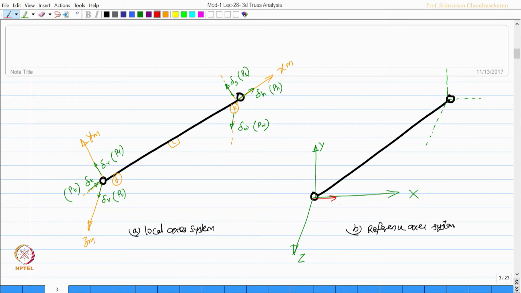We call this delta t bar, this is going to be delta r bar, and this is delta v bar, and as simple as that delta h bar, delta s bar, and delta w bar. Let us also mark the corresponding forces. So, P t bar, P v bar, P r bar, P h bar, P w bar, and P s bar.